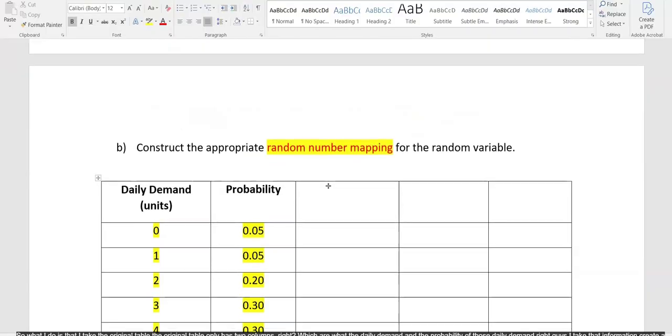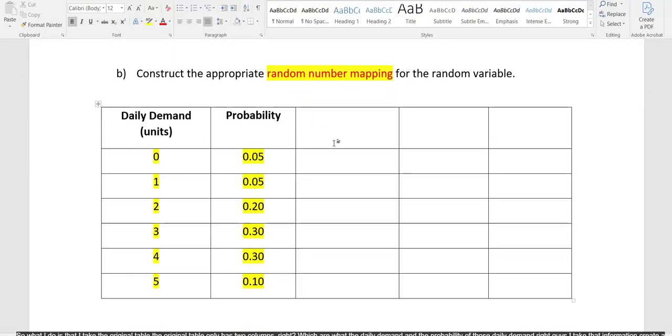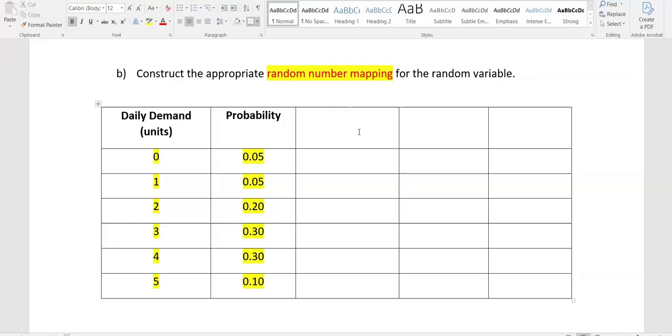I take that information, create a new table with daily demand and probability, and add a column called cumulative probability. This is to answer the question of constructing the random number mapping intervals for the random variable, being daily demand.